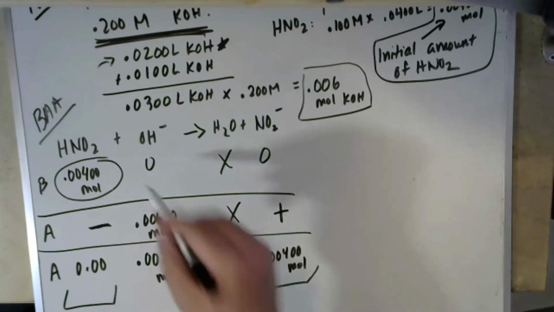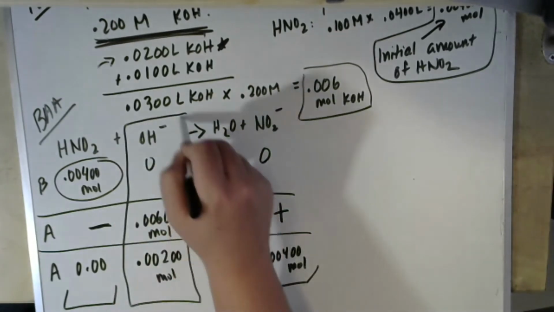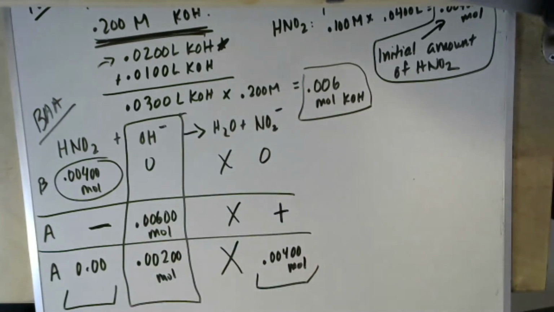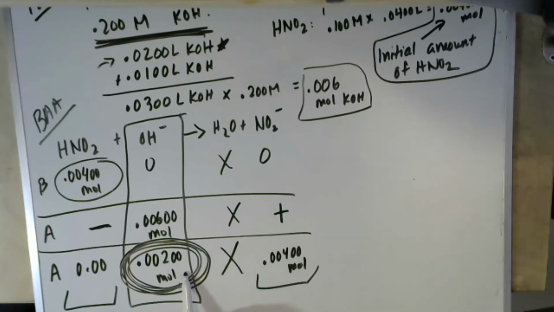But what's also true is that any time we have leftover strong base, it doesn't matter what the values in your weak acid or weak base column are. They're going to be completely overwhelmed by the hydroxide ion from the strong base. This is going to determine the pH almost entirely.